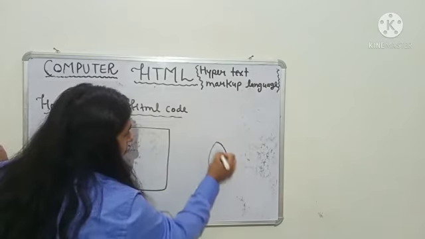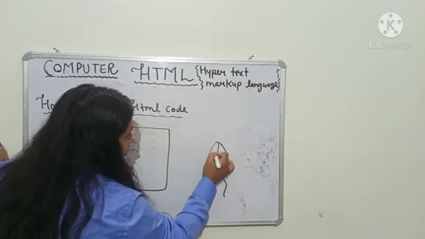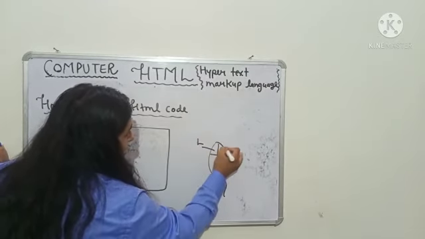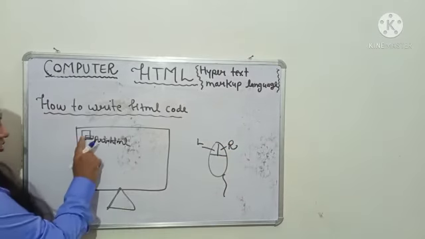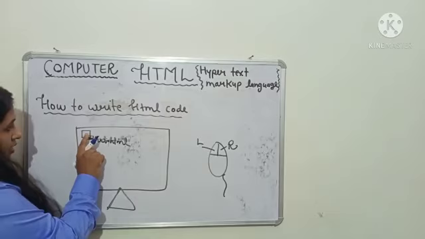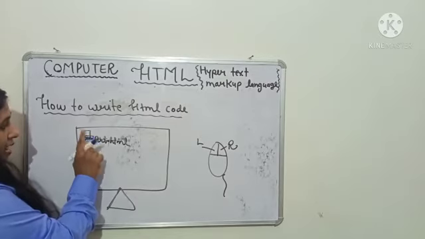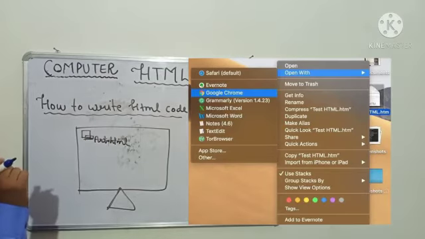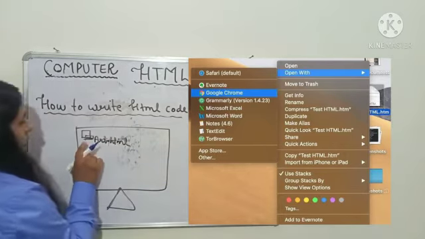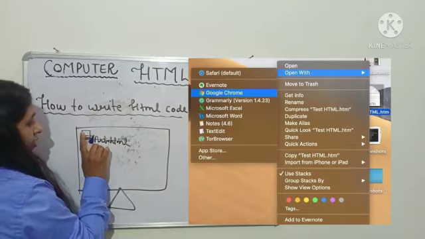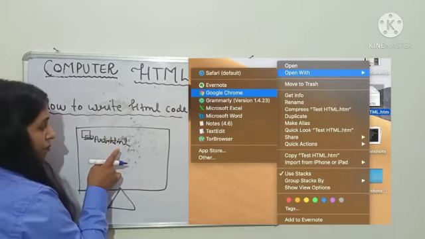This is a mouse, this is a left click, and this is a right click, right? We keep the pointer here and right click the mouse.